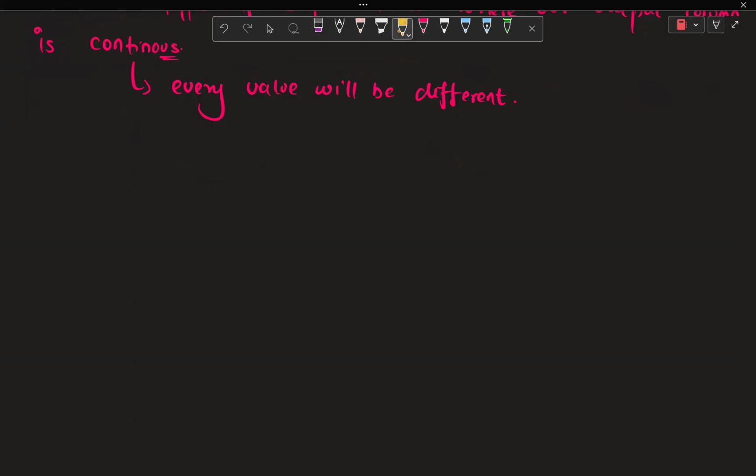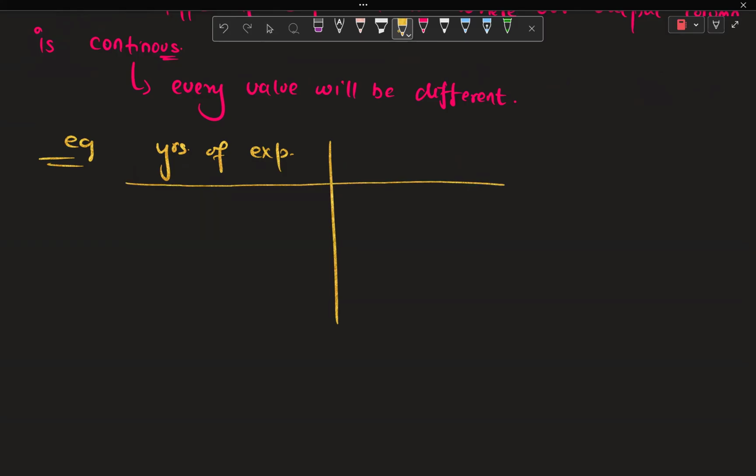So one example, if I put here the same example, years of experience and then salary.